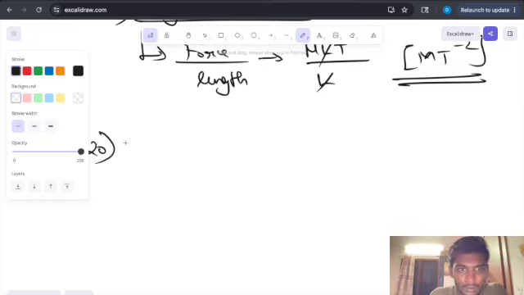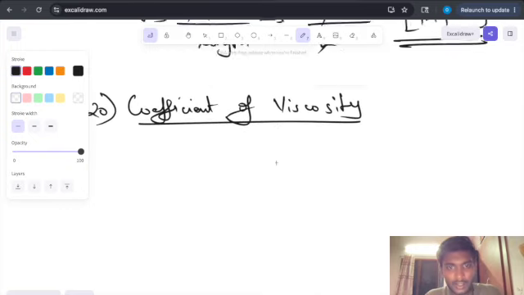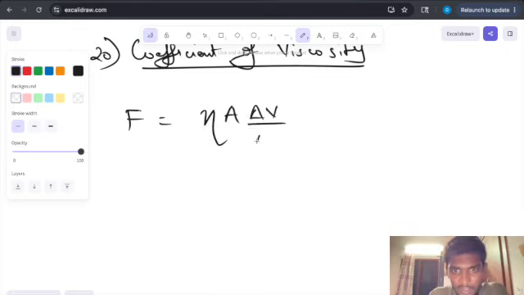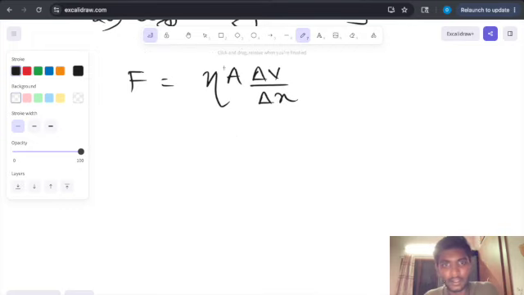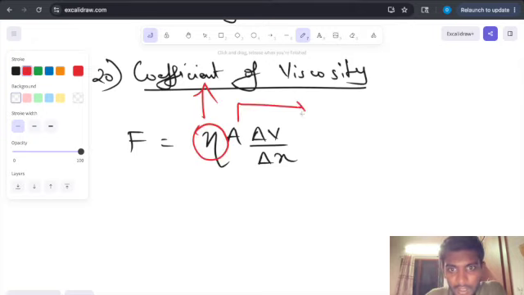Then we have coefficient of viscosity. There is a formula: F is equal to eta A delV by delX, where eta is the coefficient of viscosity, and A is the area of cross section.